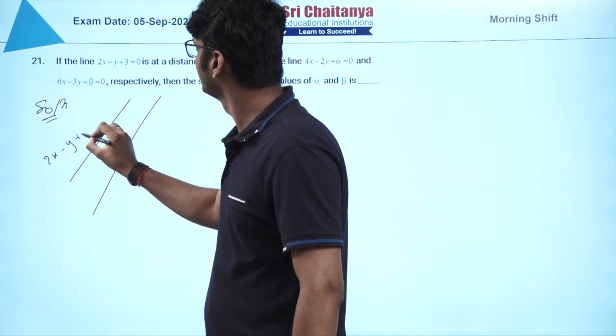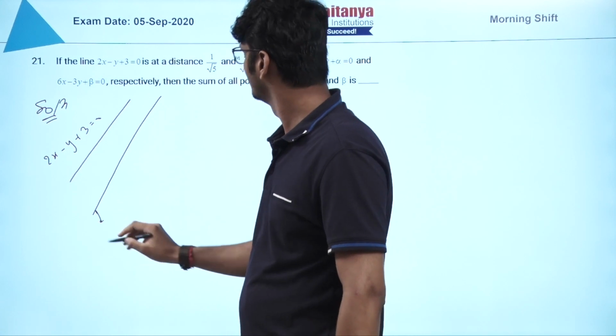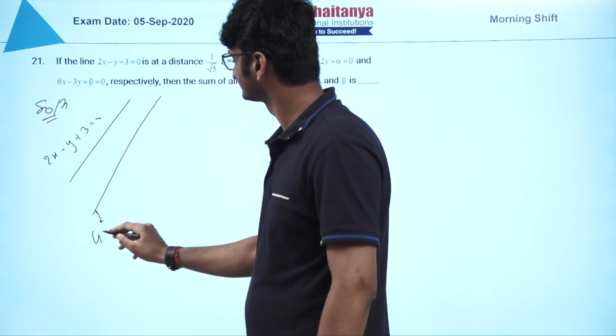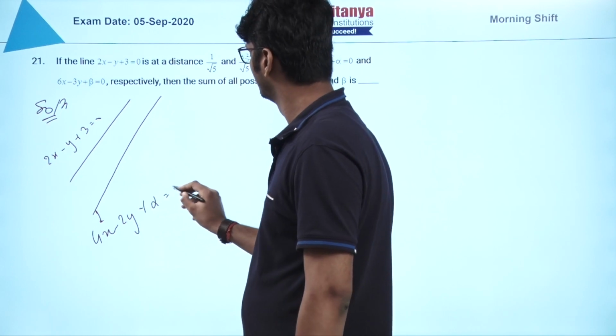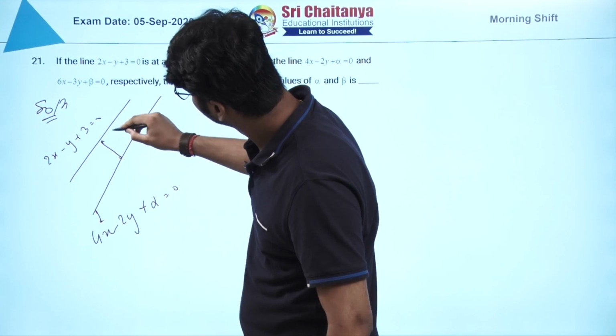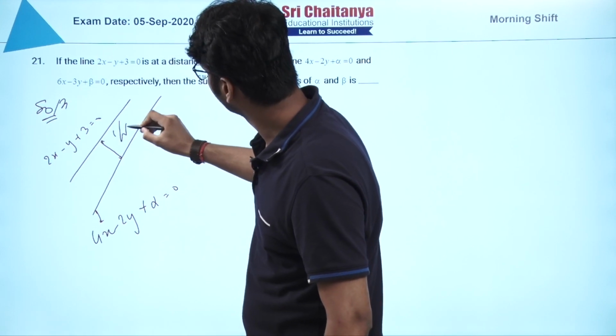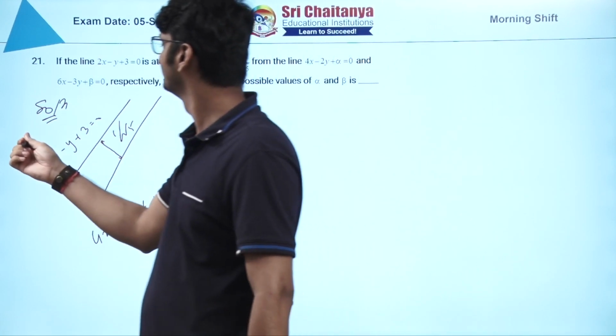So let one line be 2x minus y plus 3 equal to 0, and the other line is given as 4x minus 2y plus alpha. The distance between these two is given as 1 by root 5. Can we do one thing here?